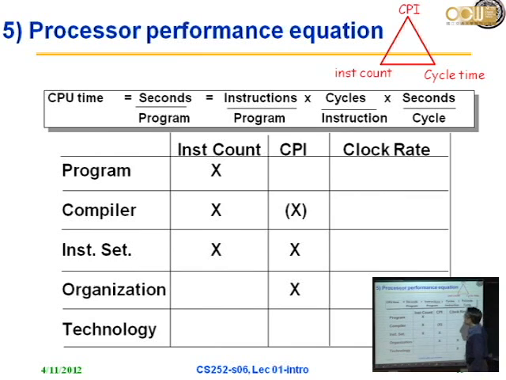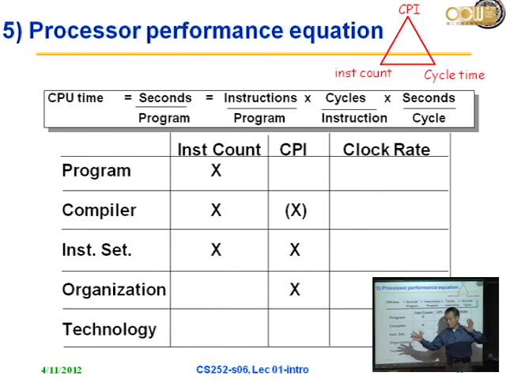So let's draw a table using the instruction count, cycles per instruction, and clock rate as the three indices. And these are the factors for improvement. When I say technology, I mean IC technology. Everything is technology, but here technology refers particularly to IC technology. So IC technology can improve clock rate.